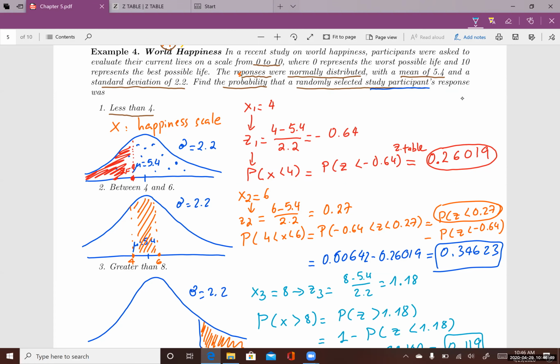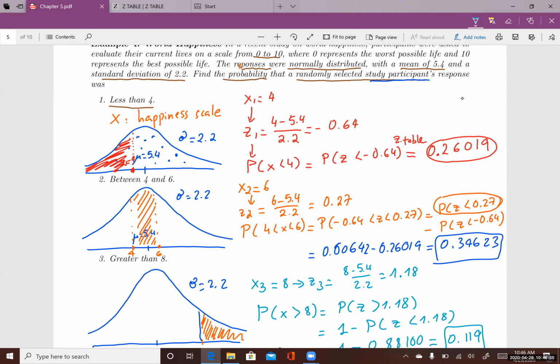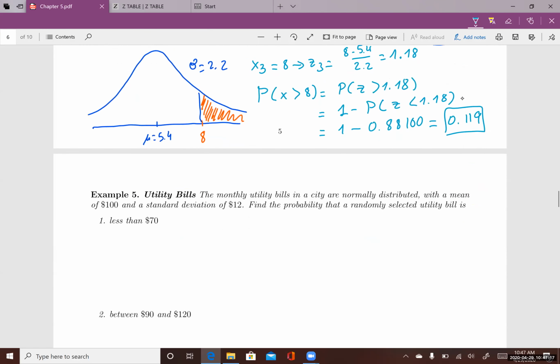We know the mean, we know the standard deviation, then you can typically use the result of this study to find the probability of picking a response that is between certain values, less than a certain value, or greater than a certain value.